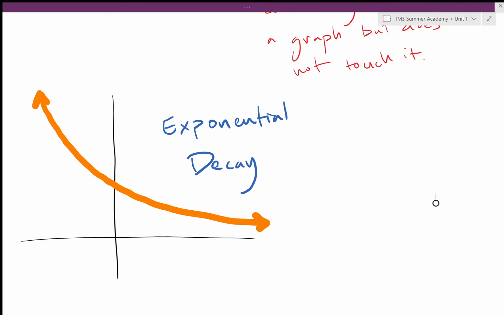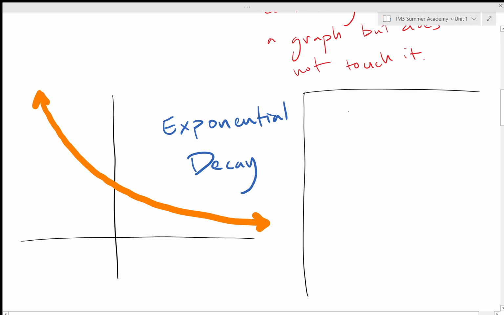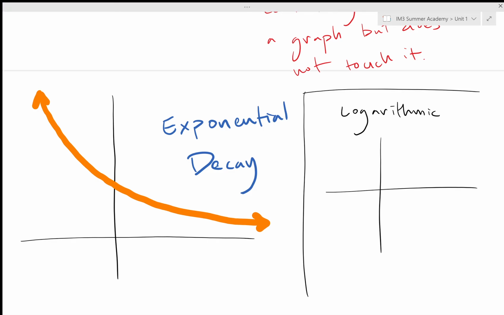So, on the other hand, something else I want to talk about are the log graphs. Okay? Logarithmic graphs are very similar to exponential. The only thing that's going to change is that, I'm going to make that note over here, logarithmic graphs are going to have vertical asymptotes. Whereas we see here exponential graphs have these horizontal lines that they never touch across.